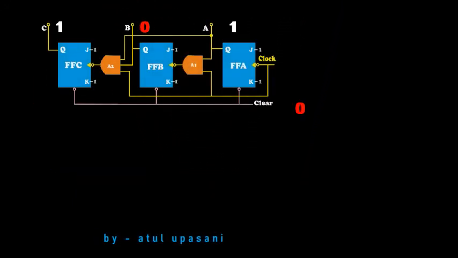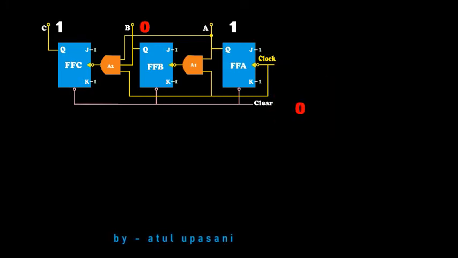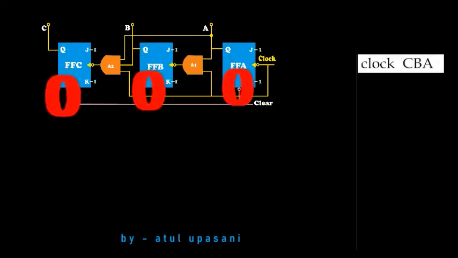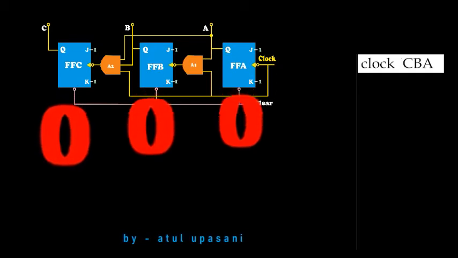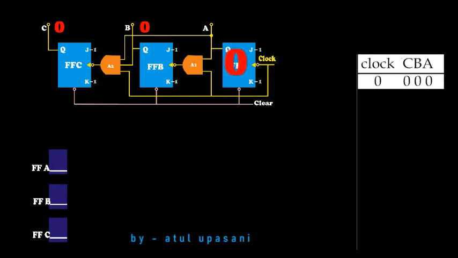Now let us see how this counter operates. By shorting the clear terminal momentarily to ground, that is to low, all the flip-flops can be cleared or reset. So the flip-flop outputs CBA will be 0, 0, 0. Now for the first condition, since A and B are low, the AND gates are disabled.